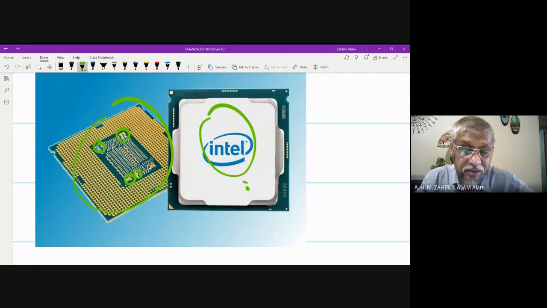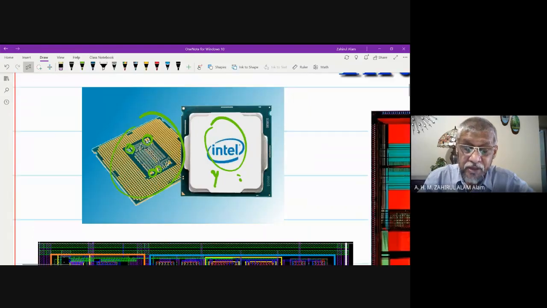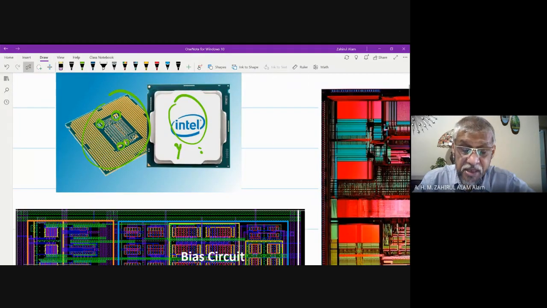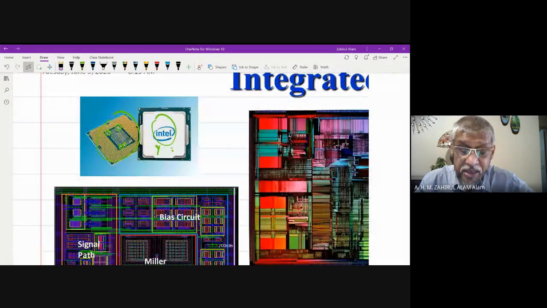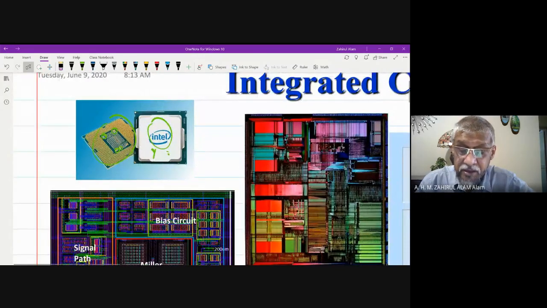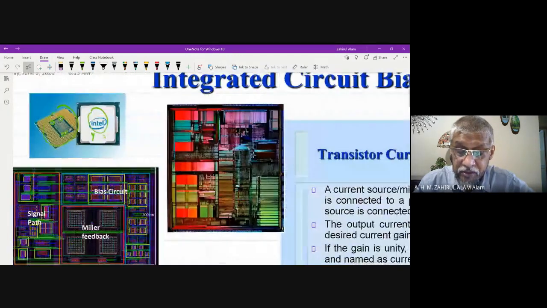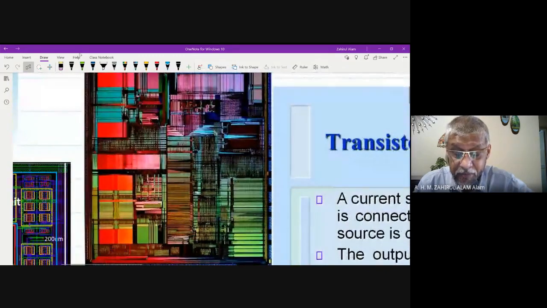But on the top inside this one, there are many transistors, millions of transistors inside. So this is one Intel Pentium chip layout. Although this is not visible, there are all the connections, transistors, resistors, and so on.